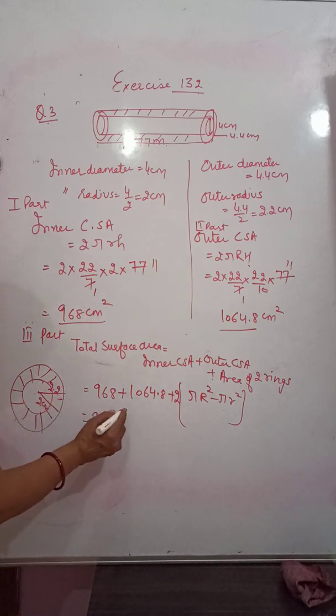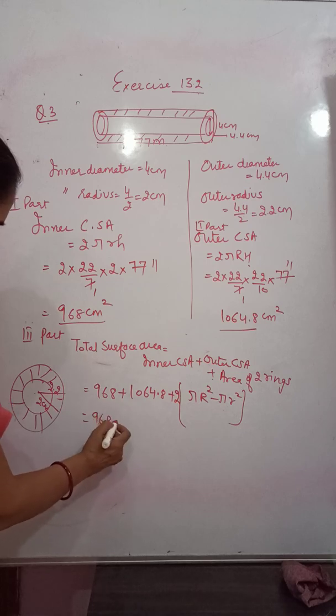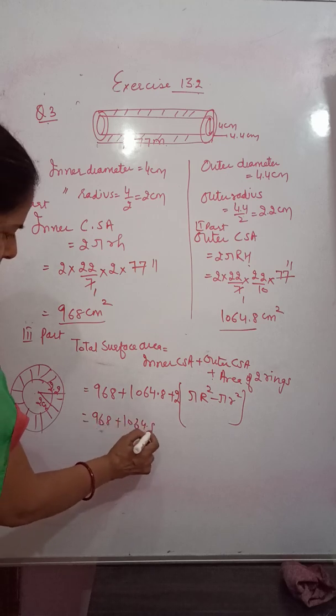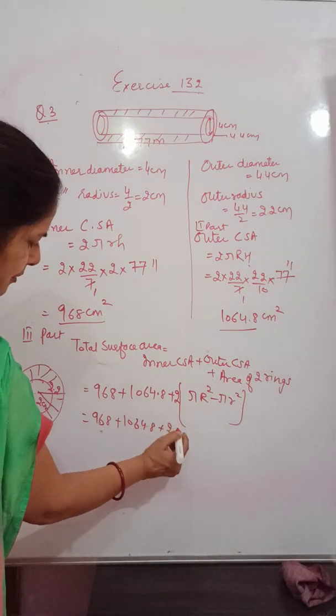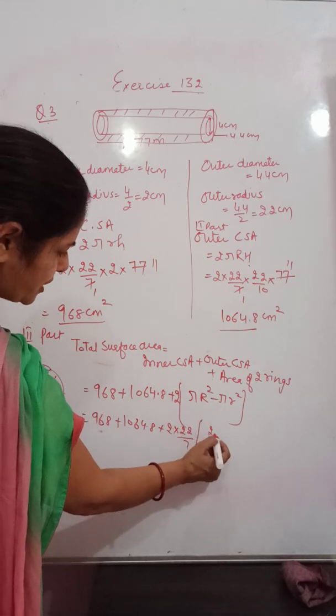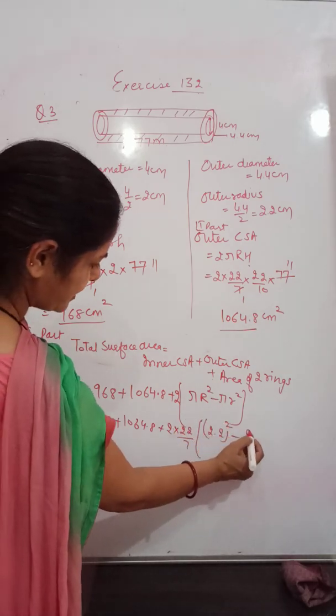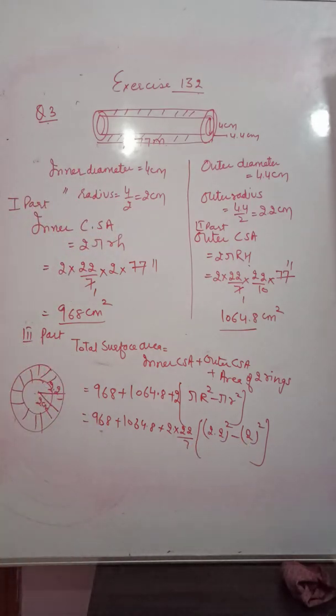It is 968 plus 1064.8 plus 2. Take out pi common. So when we take out pi common, 22 by 7 out. R square means 2.2 square minus 2 square. So here you can use the a plus b, a minus b formula. A square minus b square will be a plus b into a minus b. You can use it here.